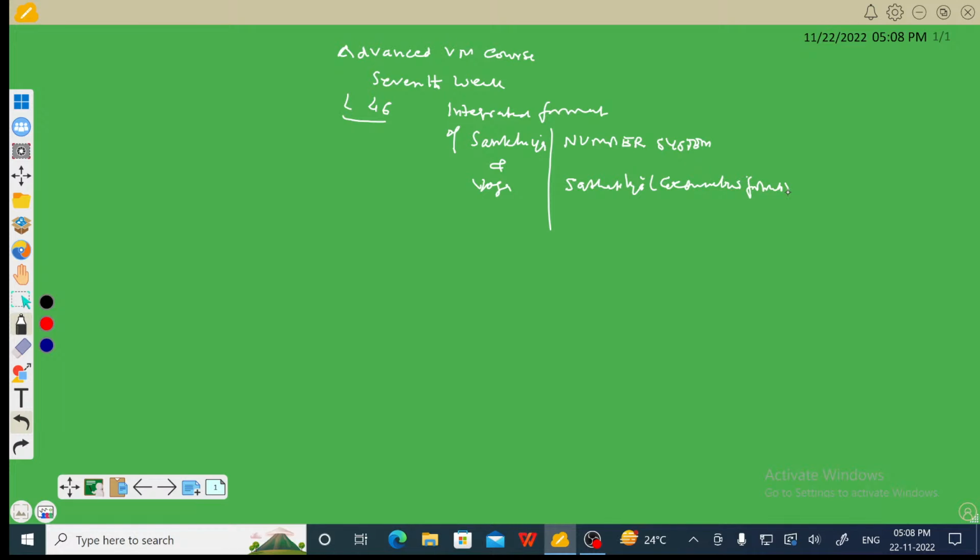Number systems give rise to artifices of numbers, while sthapatya gives rise to dimensional frames.